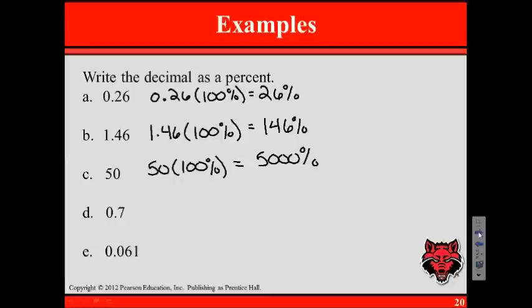For the last two examples, D and E, let's try the method where we move the decimal place 2 times to the right. Remember, that's exactly the opposite direction that we moved the decimal when we were moving from a percent to a decimal. So we start with 0.7. We move the decimal 2 times to the right, 1, 2.